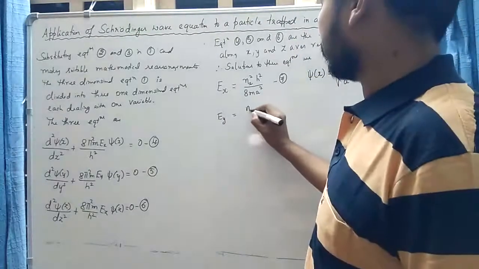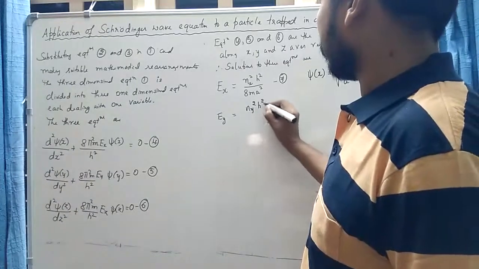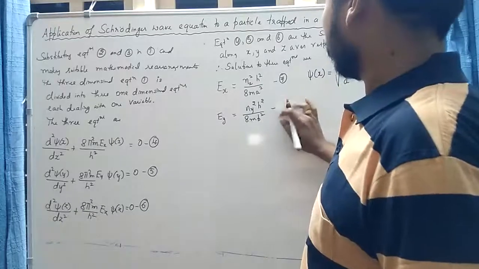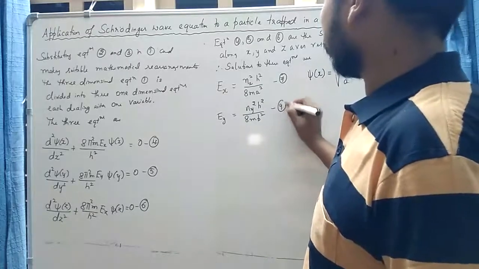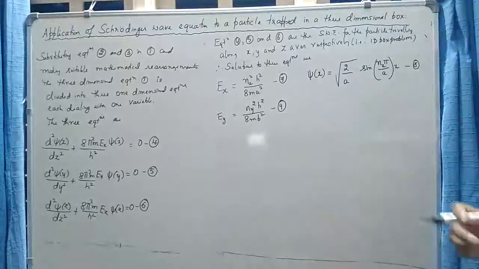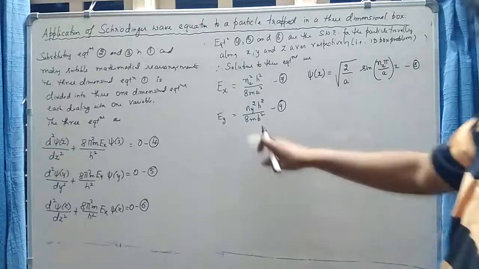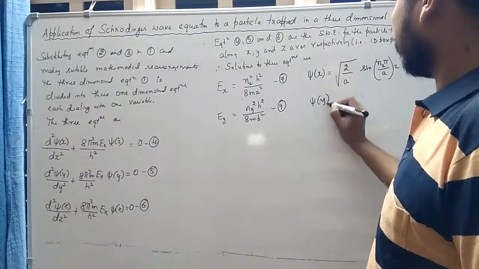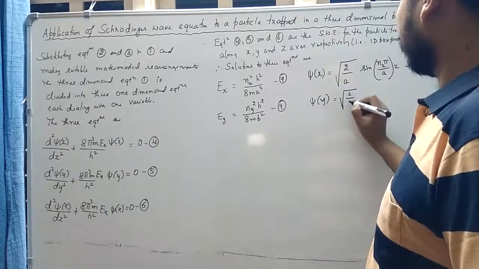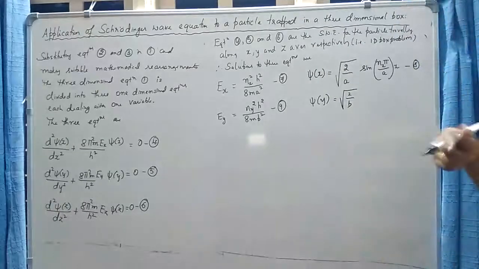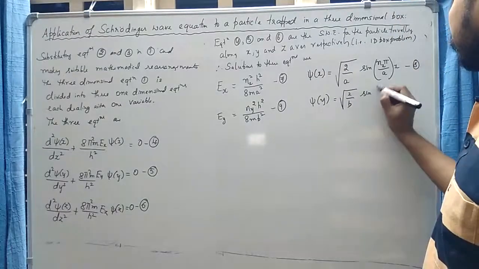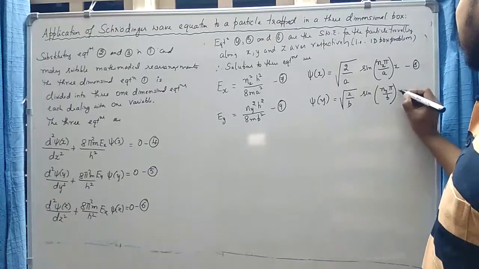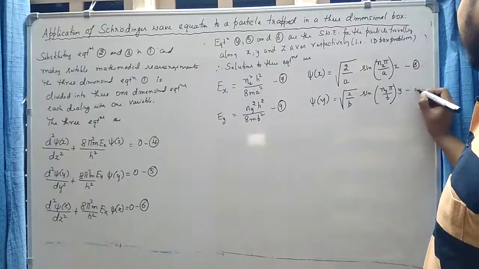Ey is ny square h square divided by 8mb square, where ny is the quantum number for the particle's motion along y-axis, and b is the length of the box along y-axis. Psi of y will be square root of 2 by b, where b is the length of the box along y-axis, into sine ny pi by b into y.